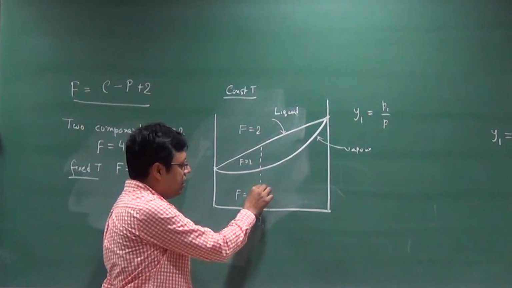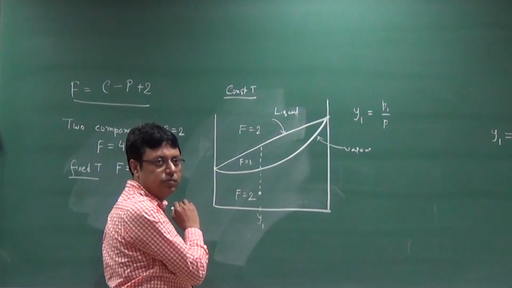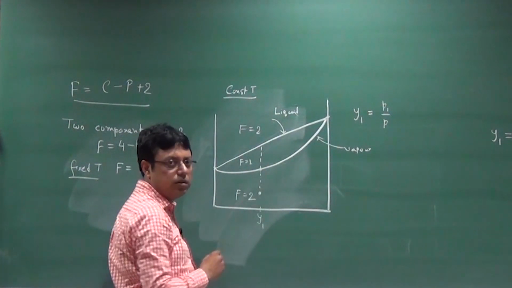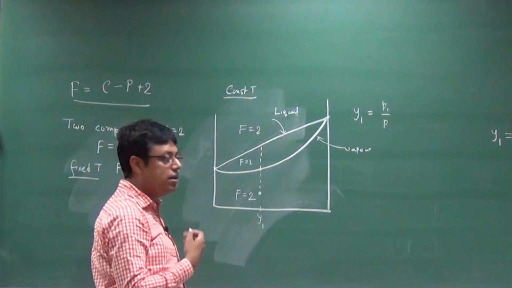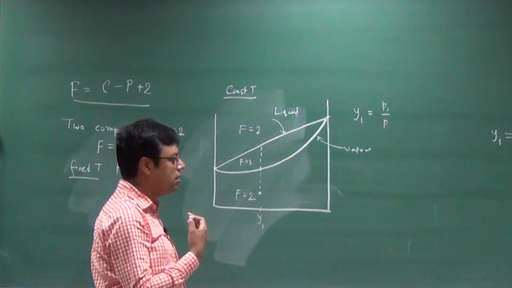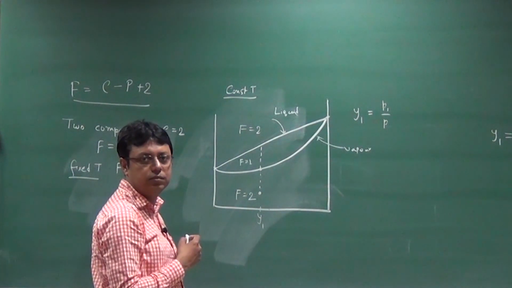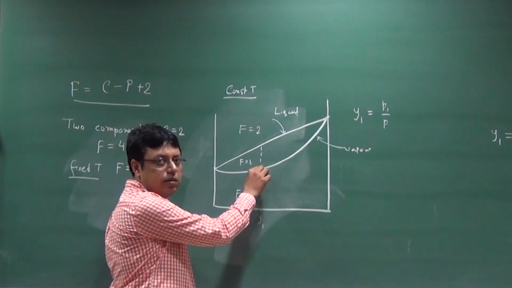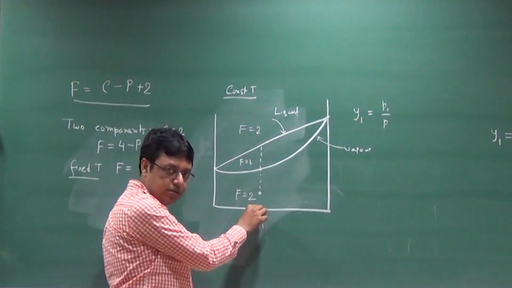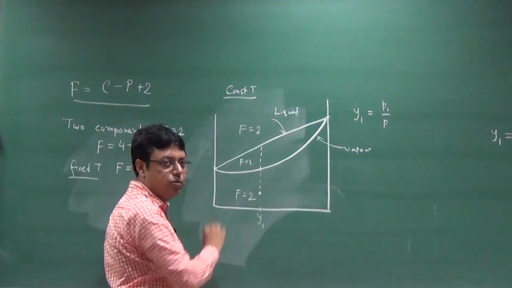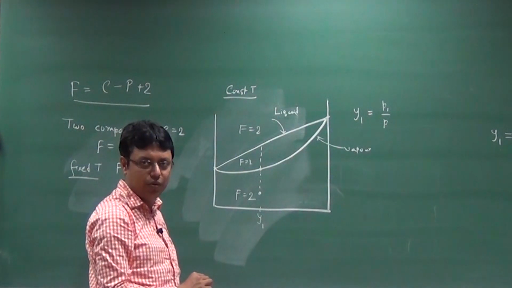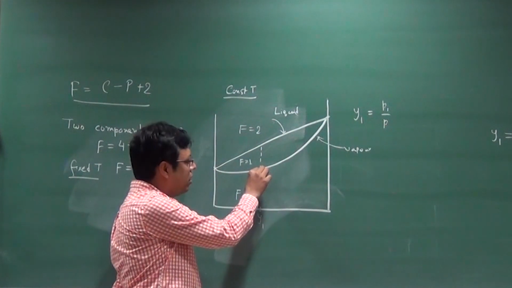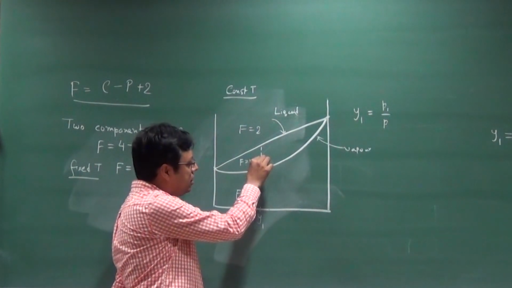And then I am increasing the pressure. At some pressure, I will see that the vapor starts forming the liquid. But until I reach this pressure, for this composition, vapor is the most stable form. Clear?